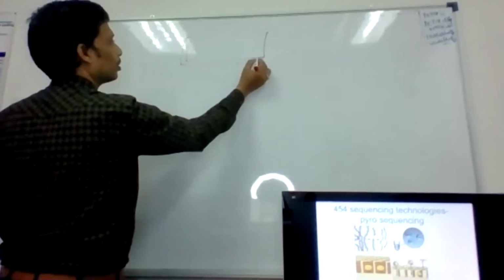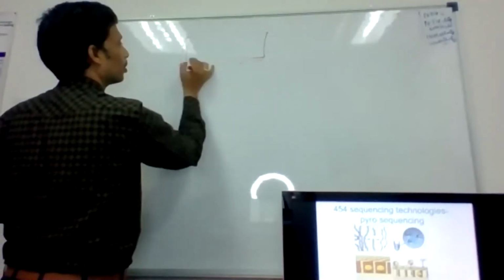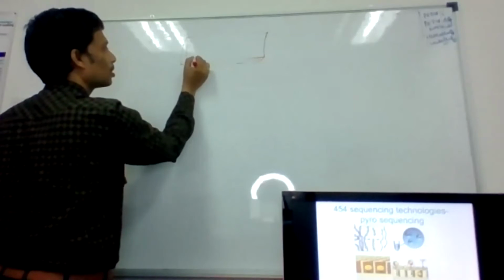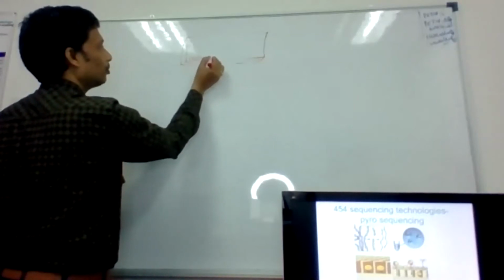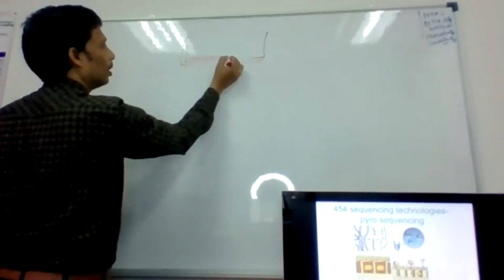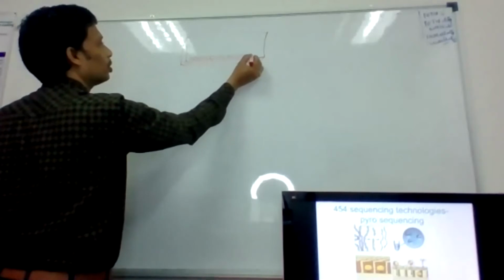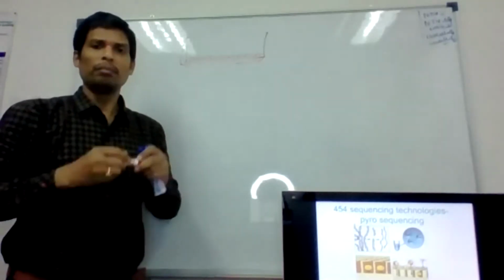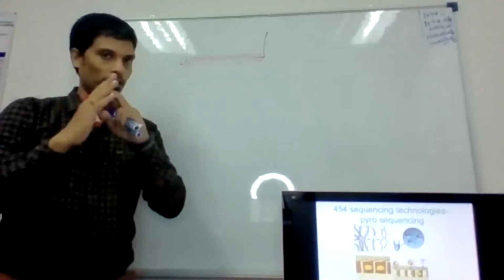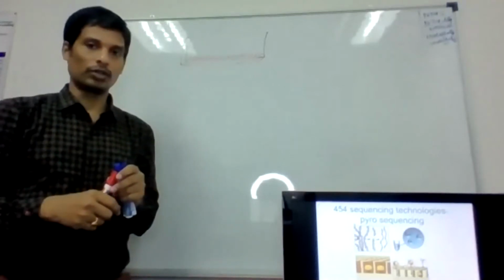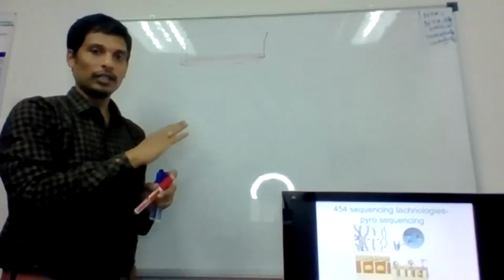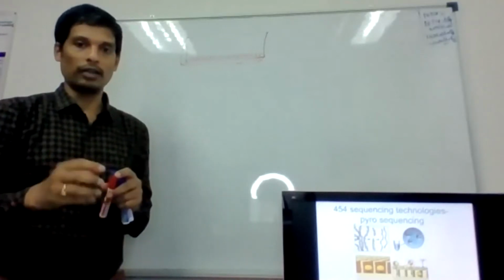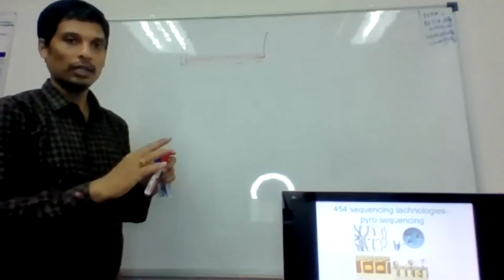On the top, it has some holes. I am showing big holes, but it has millions of small holes which you cannot see with your eye. So everything here is automated. You are not going to do anything manually.